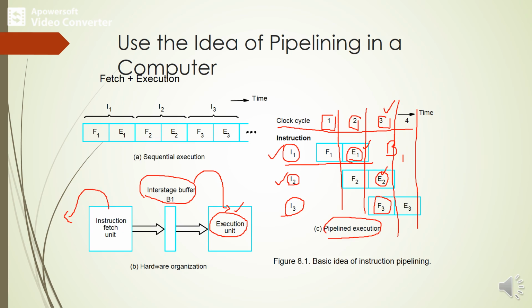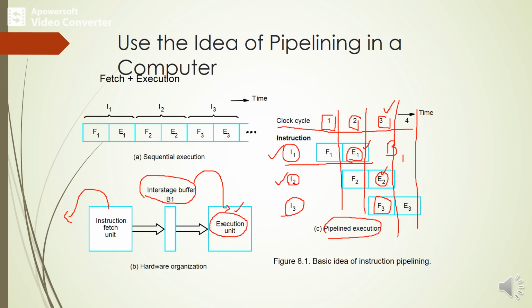After that, the instruction needs to be decoded. Then during the next phase, we have to execute the instruction. Finally, we have to copy the result into the respective destination location.